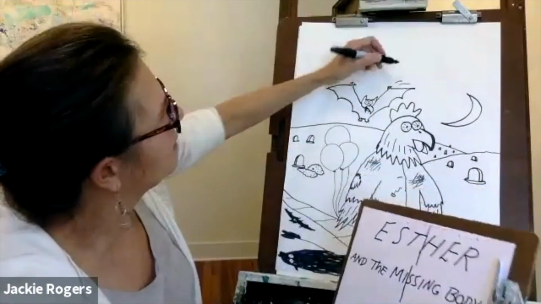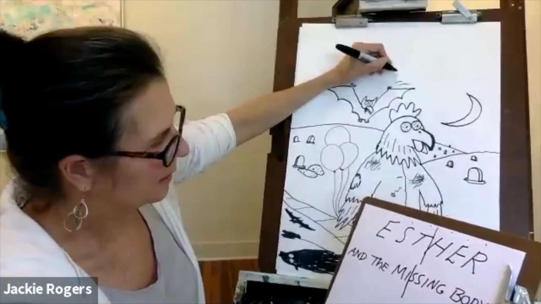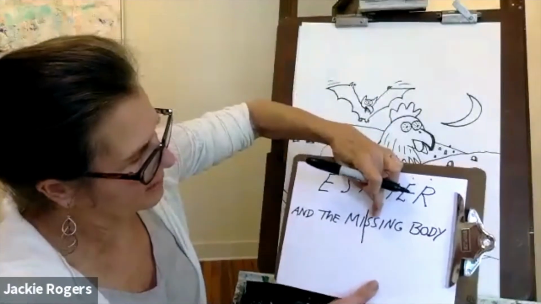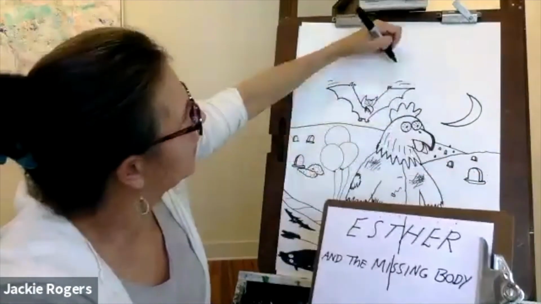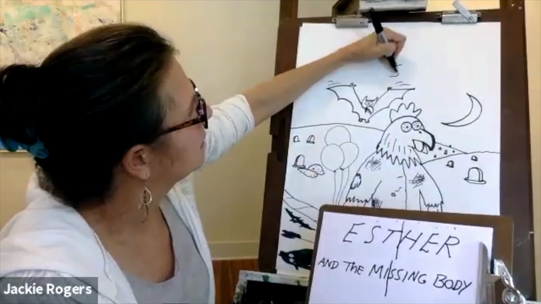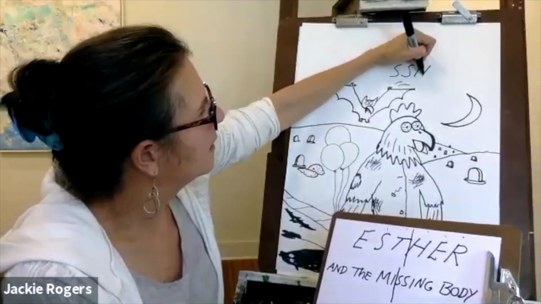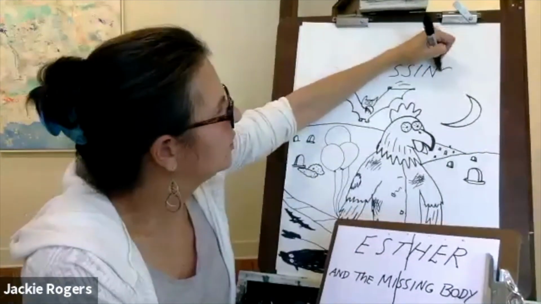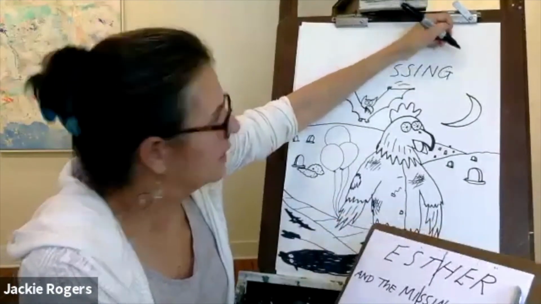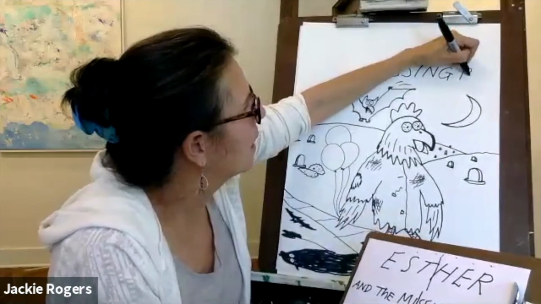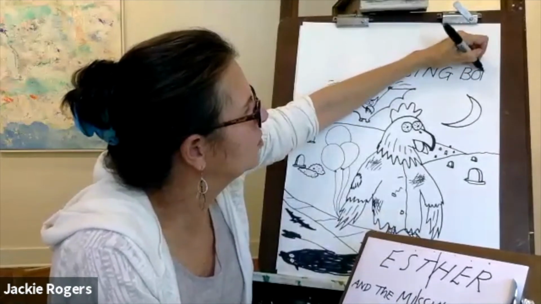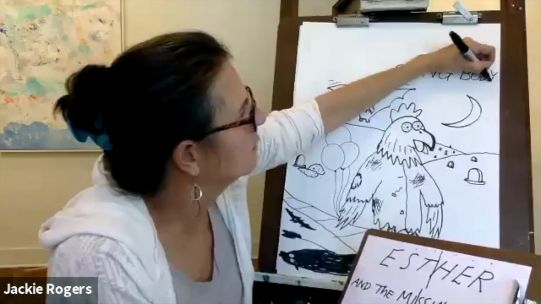I'm going to start in the middle of my page, and it starts with this S. And I'm going to write this out. S, S, I, N, G. And then I got to fit body in here. Body. And it's just gonna fit.